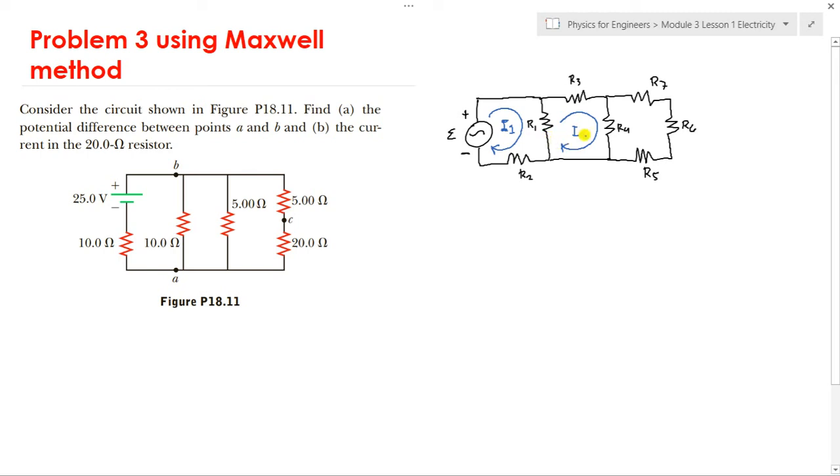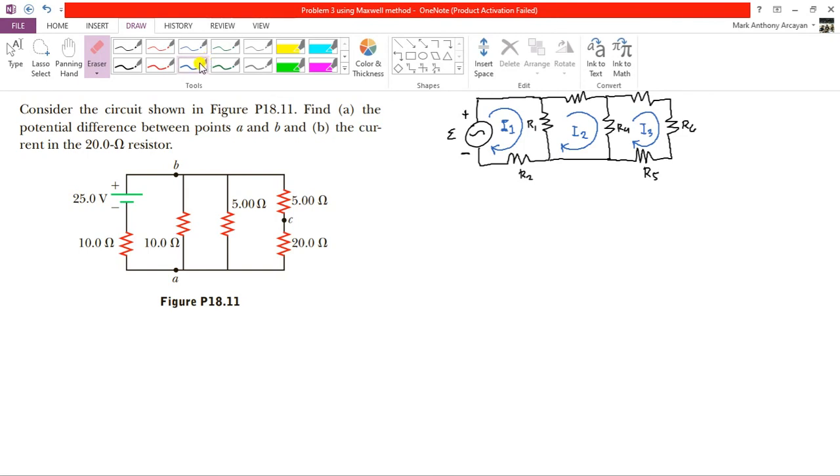So be mindful of that one. And then the last loop here, I'm going to assume this direction for its current, and I'm going to label this one as I3. Class, actually it's up to you. You can have this direction instead. Anyway, we can verify your assumption by looking at the sign of our final answers.